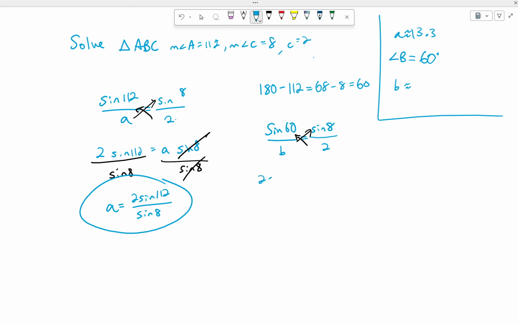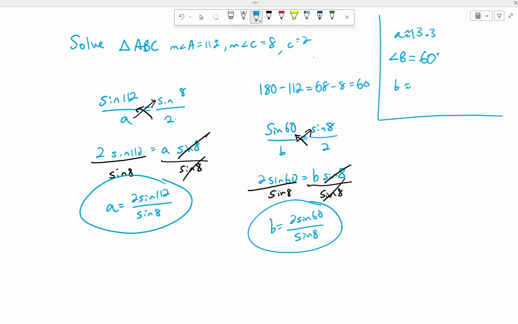And then we're going to have 2 times the sine of 60, okay? Is going to be b times the sine of 8. And then you need to divide by the sine of 8. So there you go. b is equal to 2 times the sine of 60 over the sine of 8.